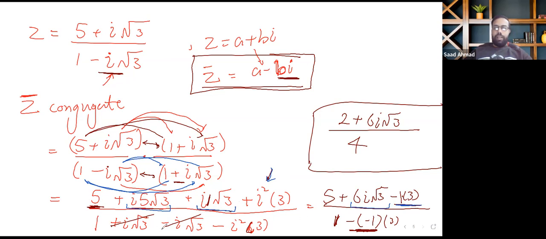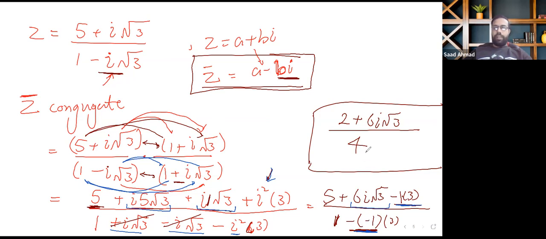So 5 now. So now in the denominator, 1, this one is with the plus, this one is with the minus. So they cancel out. And again, I square is minus 1. So we got minus 1 here. So then minus times minus is plus, which is 4.